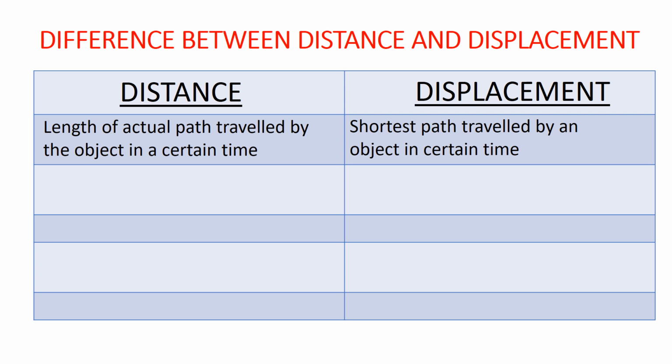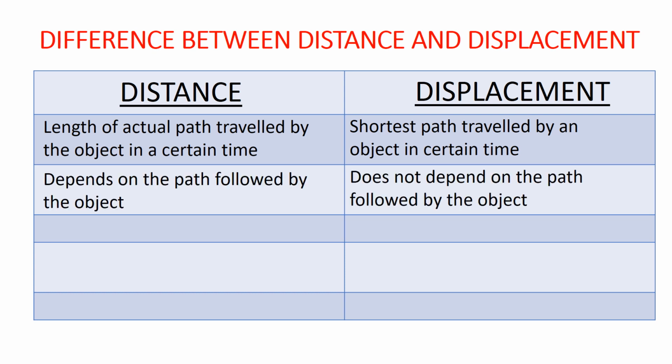Okay? Now, the next point is that distance depends on the path followed by the object, whereas displacement does not depend on the path followed by the object. Distance is always positive, but displacement can be positive, negative, or zero.